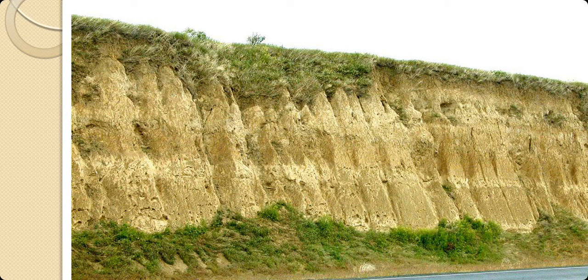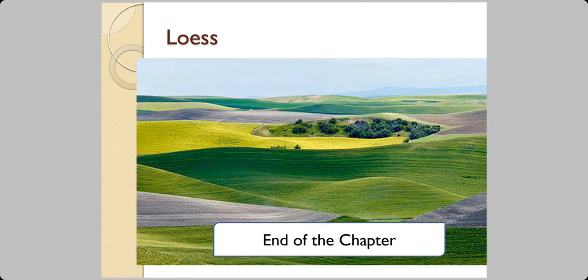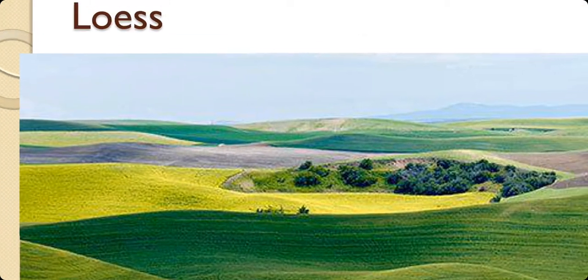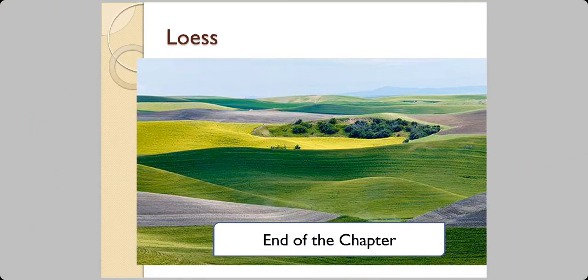And I'm sure you can find such a deposition here in Sujangarh also. When you take a right turn from the school onto the highway, and when you go towards the railway gate, on the left hand side you will find loess. When loess is not cut, as in construction of a road, it looks quite beautiful. Look at this. All right, this is the end of the chapter.